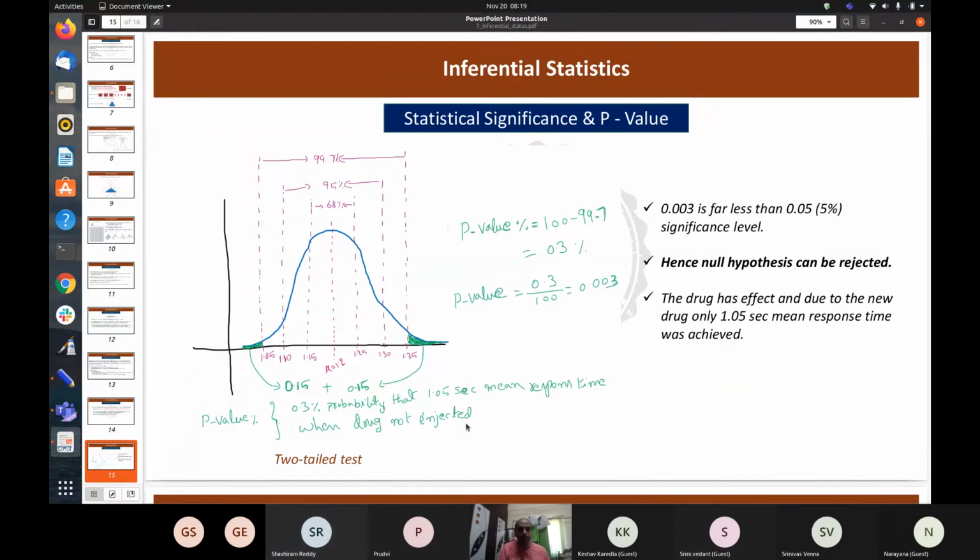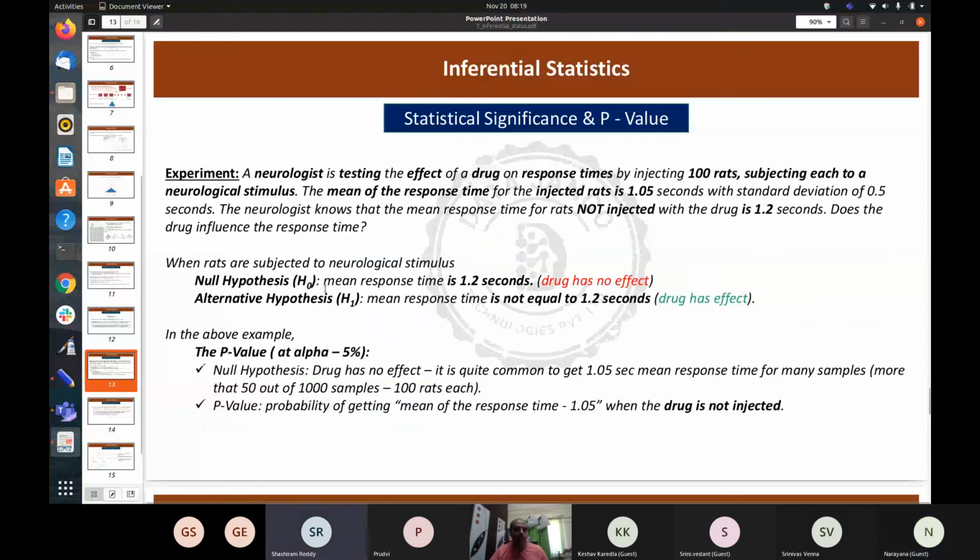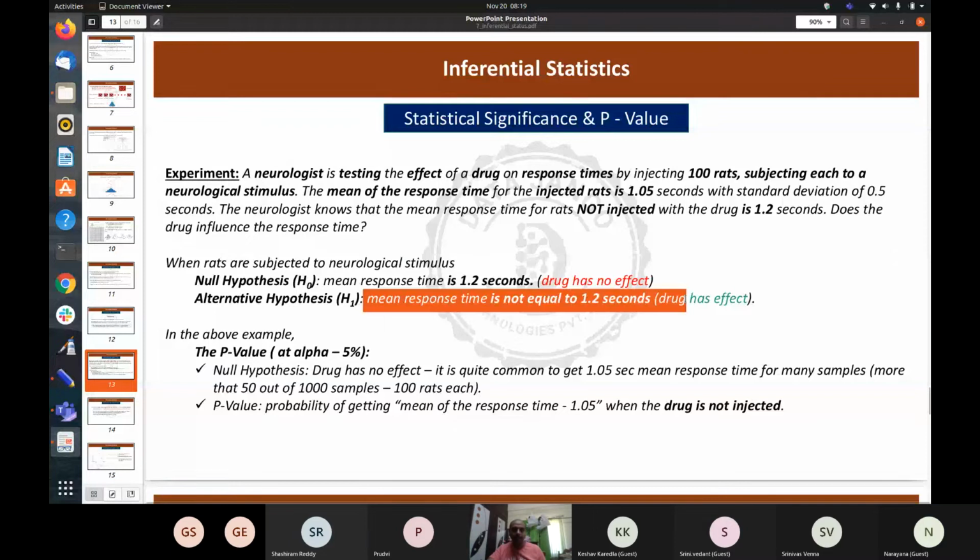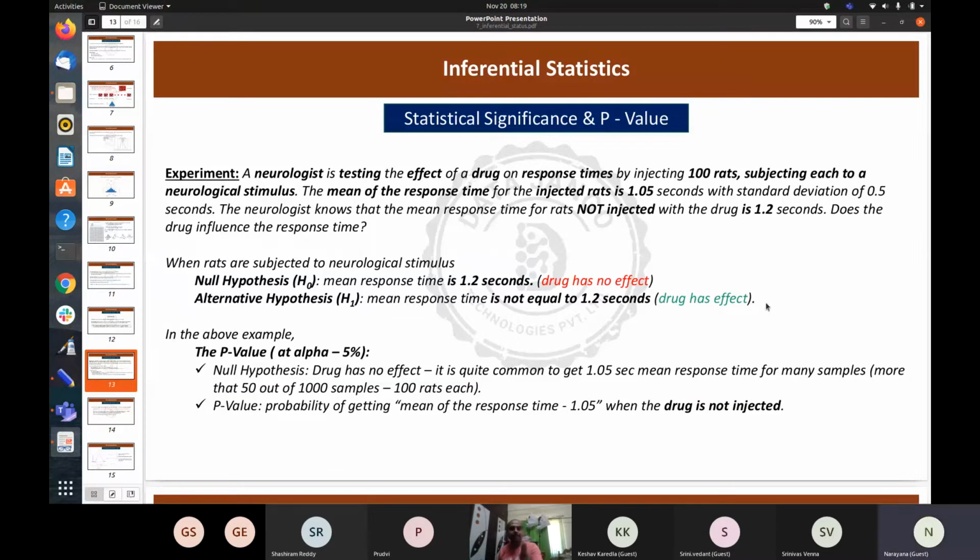When the p-value of a statistical significance test is less than the alpha significance level, you reject the null hypothesis. What is the null hypothesis? The mean response time is 1.2 seconds, and that is rejected. So the mean response time is not equal to 1.2 seconds. It may be less, it may be more. That's what the statistical significance test is saying. That means the drug is significant.